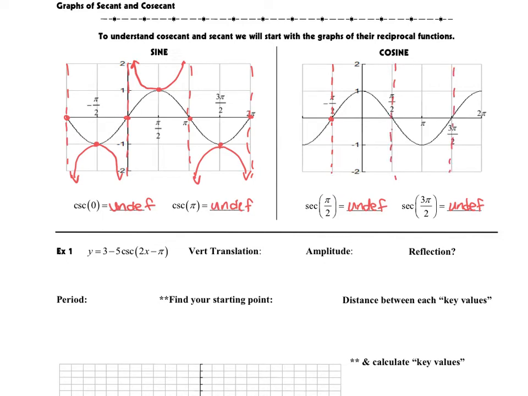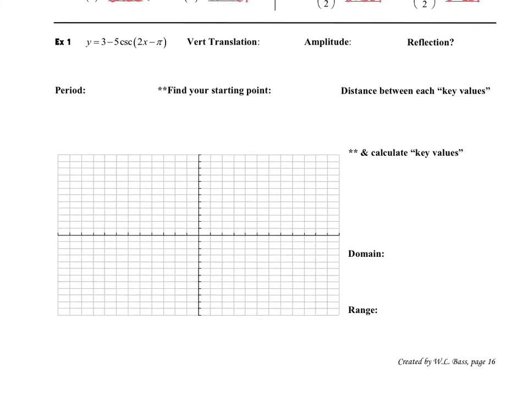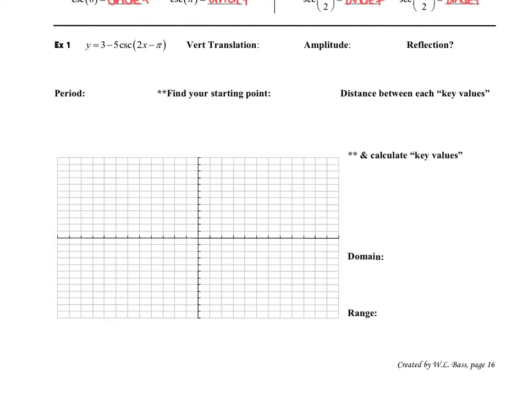Then between those vertical asymptotes, we are going to sketch in these reciprocals. So just like I was saying on the cosecant graph, we're not going to actually graph a secant graph. We're going to graph the sine or the cosine graph, and then we're going to do its reciprocal. So this video pretty much serves as a review of how to graph a sine or cosine graph. We're just going to layer in the cosecant feature.